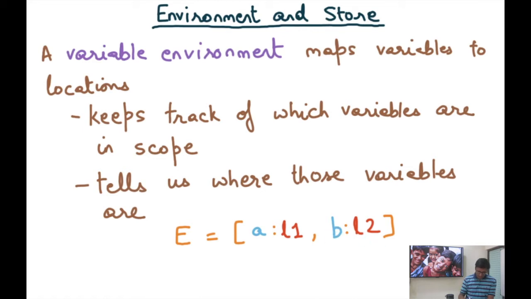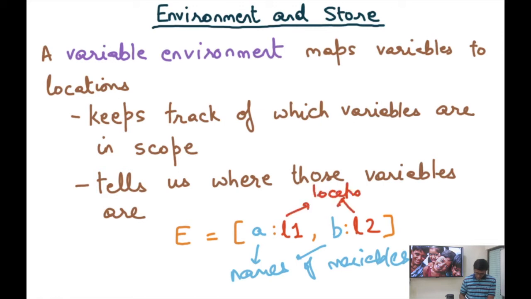Here A and B are just names of variables, and L1 and L2 are locations in memory, or store. Notice that this has no notion of value so far. It's just mapping names to locations, coming from scoping rules and things like that.